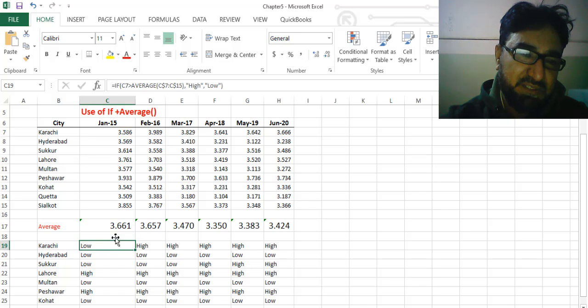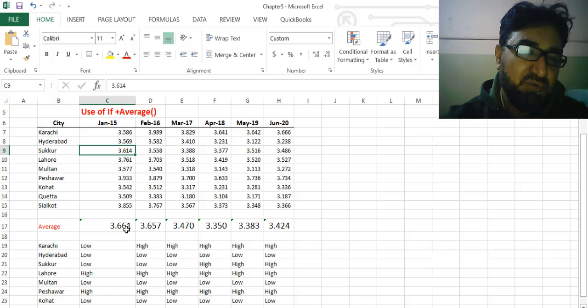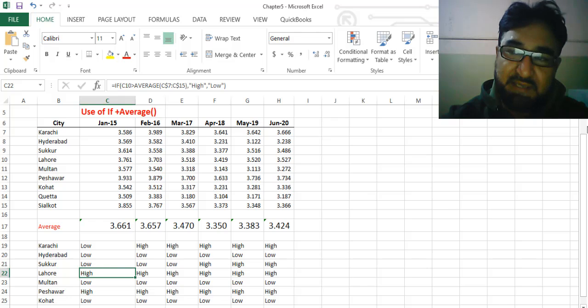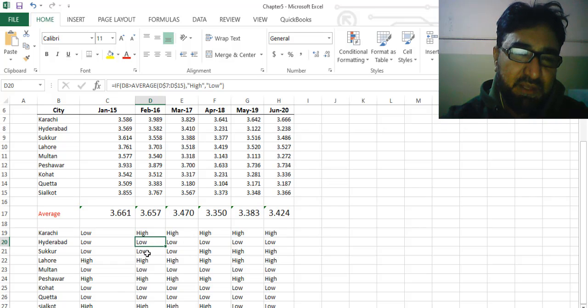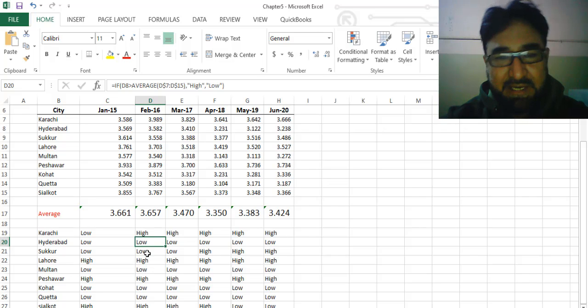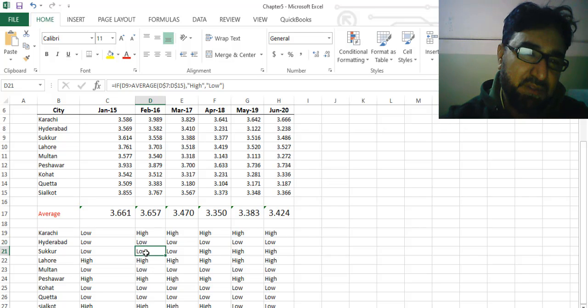So it is low, it is correct, comparatively to this 3.661. If we see Hyderabad, it is also low. 3.61 is also low because here is 3.66, and Lahore is 3.761, and here is 3.66, and Lahore is on the higher side. So in every line we have applied the same formula and it shows us at a glance whether the price is on the higher side or on the lower side.